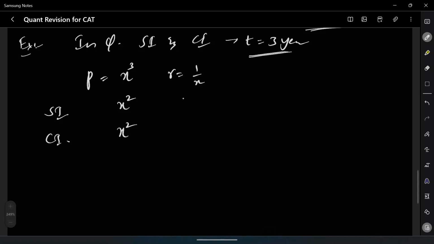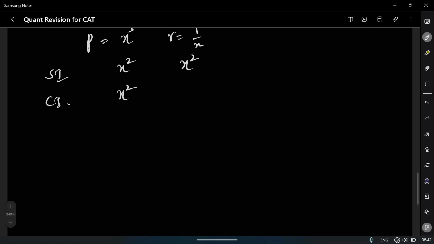Okay, and for the second year the simple interest will be x square, but the compound interest will be x square plus 1 by x of x square, like the rate of interest on the previous year's interest also.